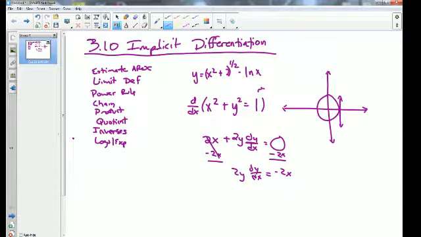Okay, and now what? Divide by 2y. And you can see the derivative does have a y in it. So the value of y actually matters in the slope of this function.